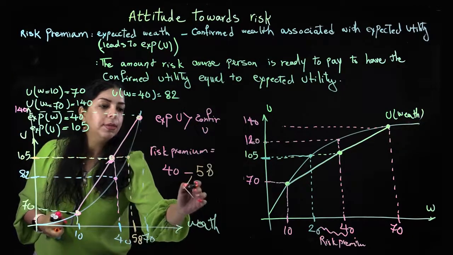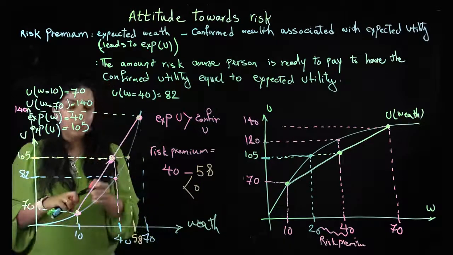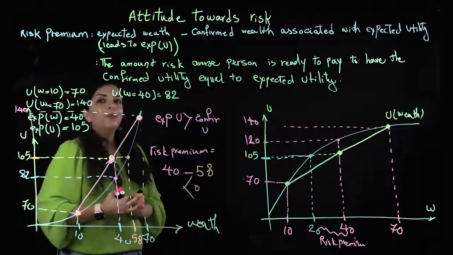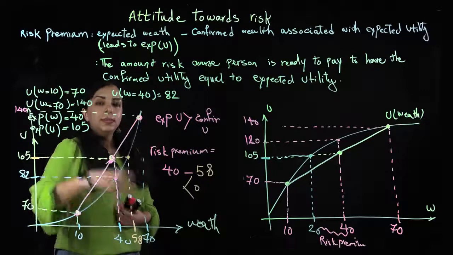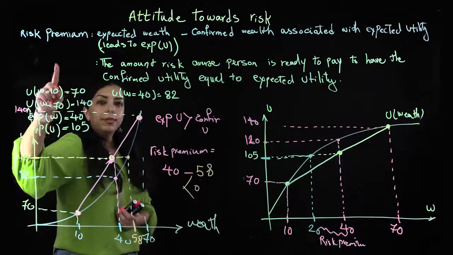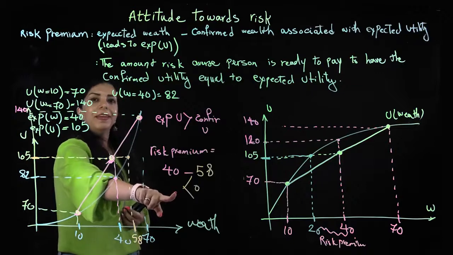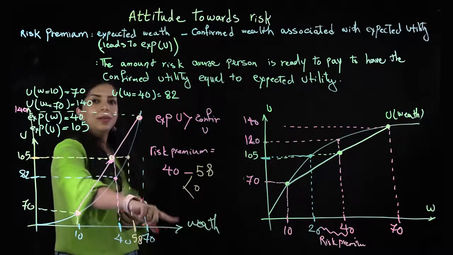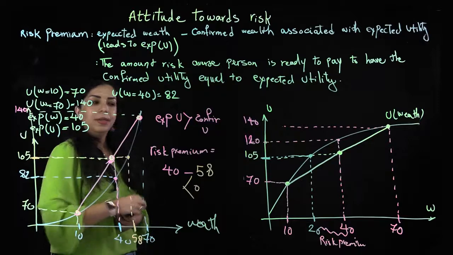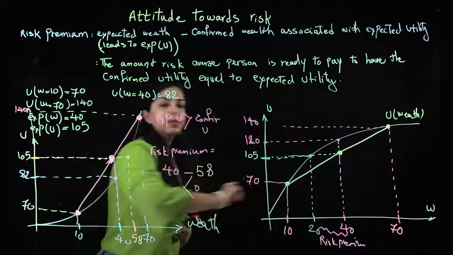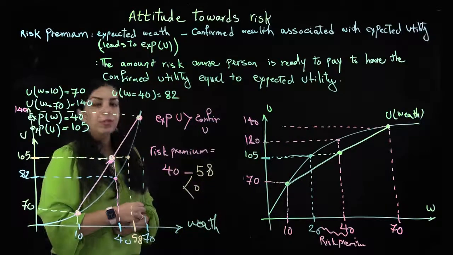It is negative. This is another sign that the risk premium for a risk lover person is negative. It means this person is not ready to pay anything; he is actually taking something because he wants to take more risk, whereas the risk averse person is ready to pay something because he wants to avoid risk.